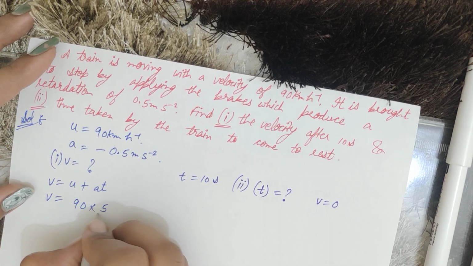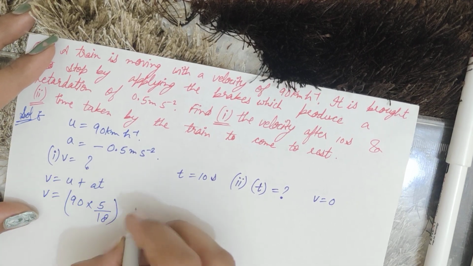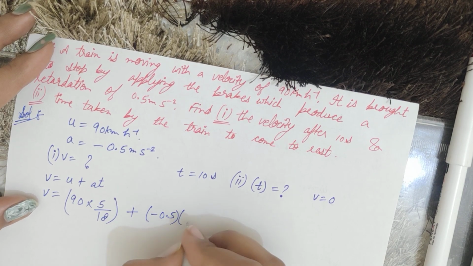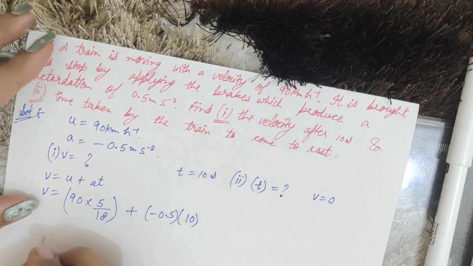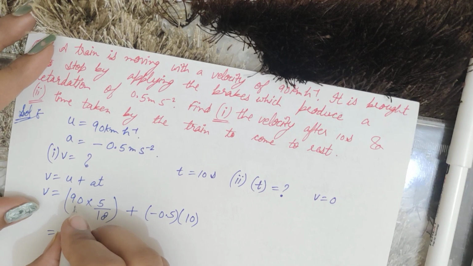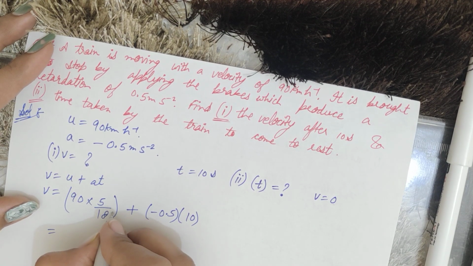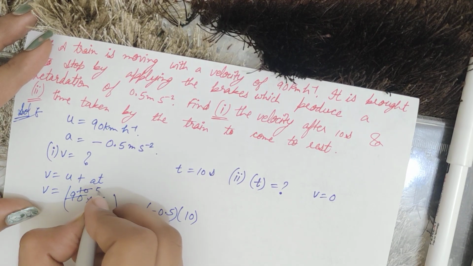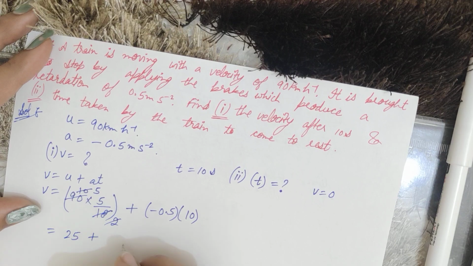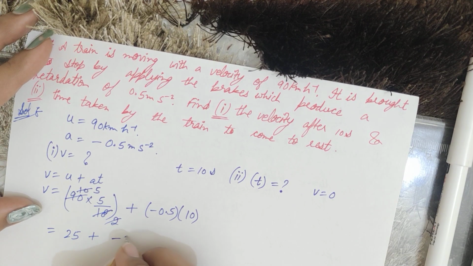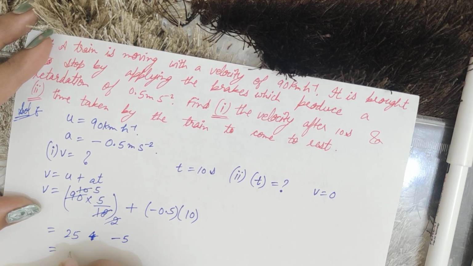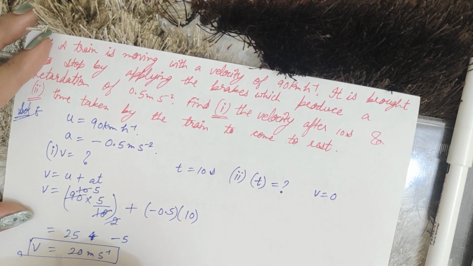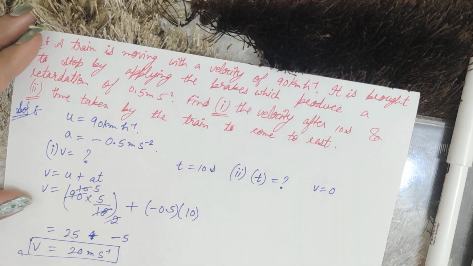We want to convert into meter per second, so multiply by 5 by 18, plus the value of a, which is minus 0.5, and the value of t is 10. 9 2s are 18, 9 5s are 45, 5 5s are 25, plus minus 5, which is 20 meter per second. So the final velocity after 10 seconds is 20 meter per second.